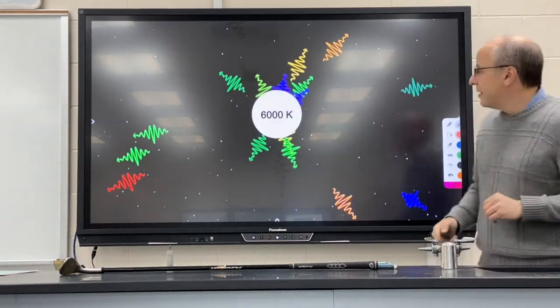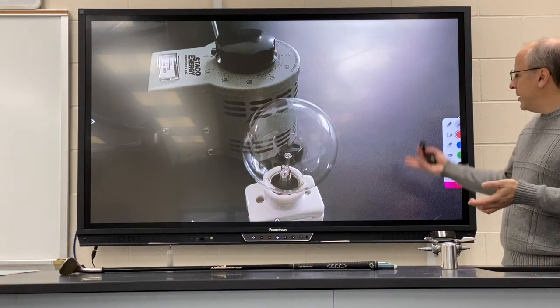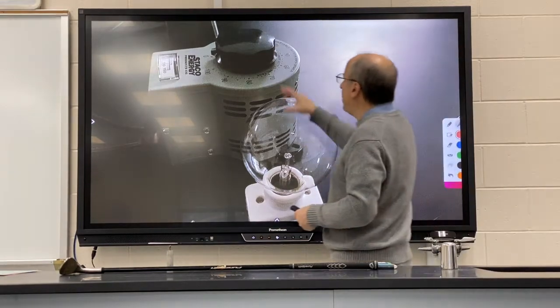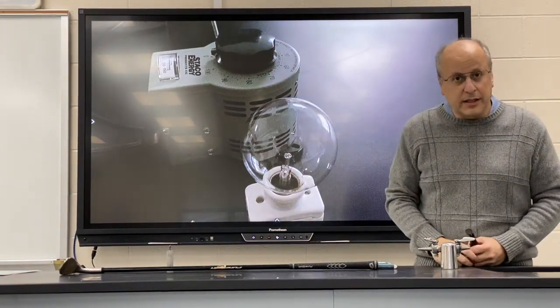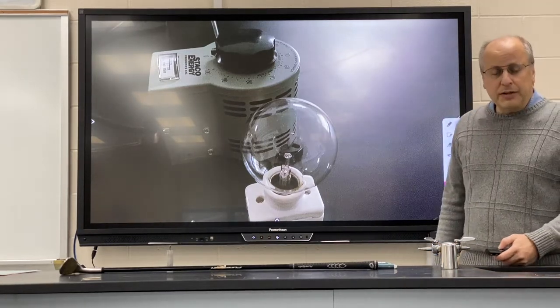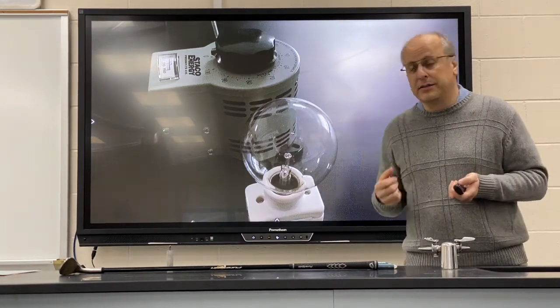We can reproduce this in the laboratory by having a light bulb with a wire filament attached to something where I can change the voltage getting to the light. Right now the filament is at room temperature and it's not glowing in any color that we can see with our eyes.